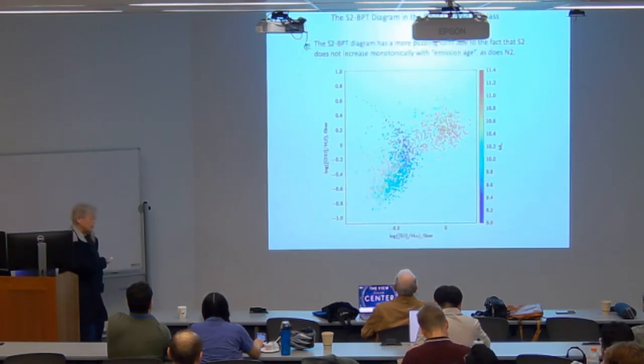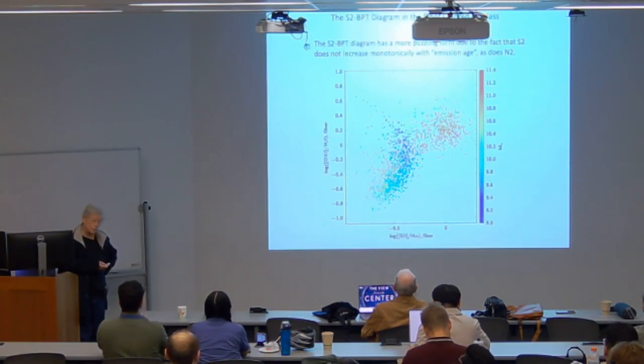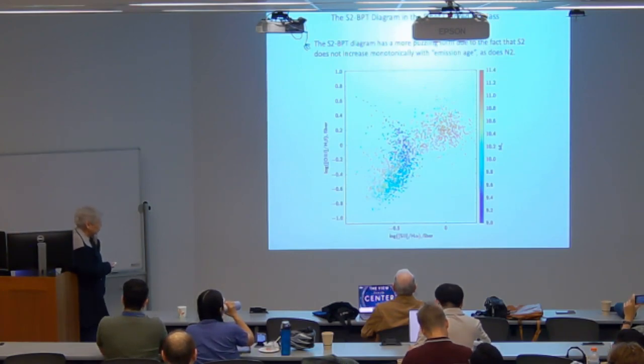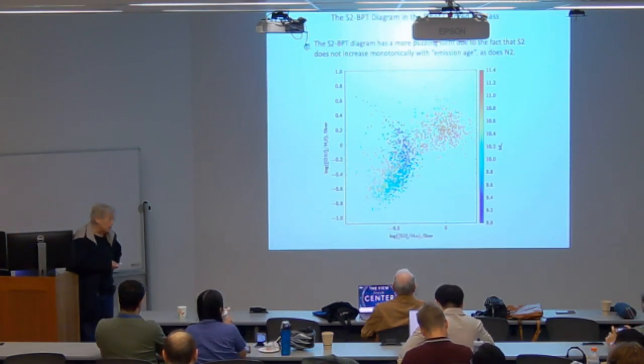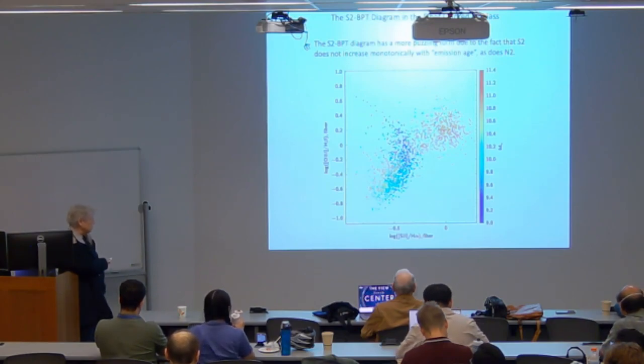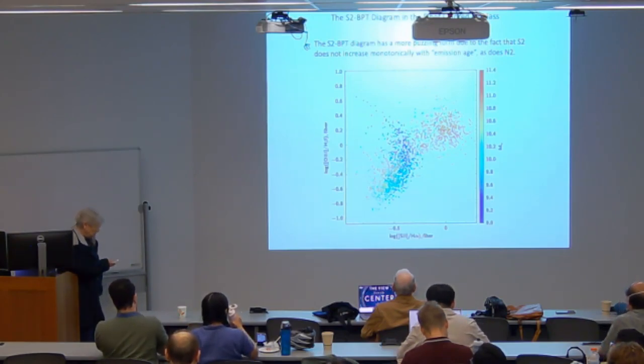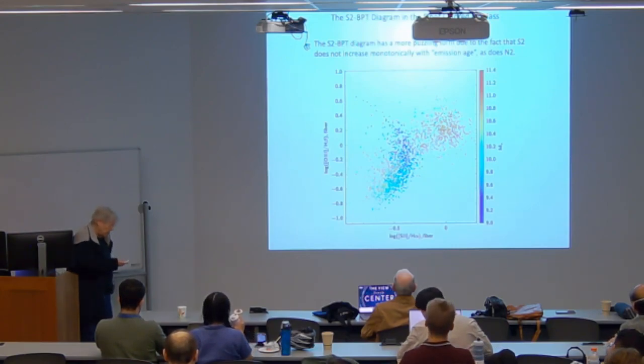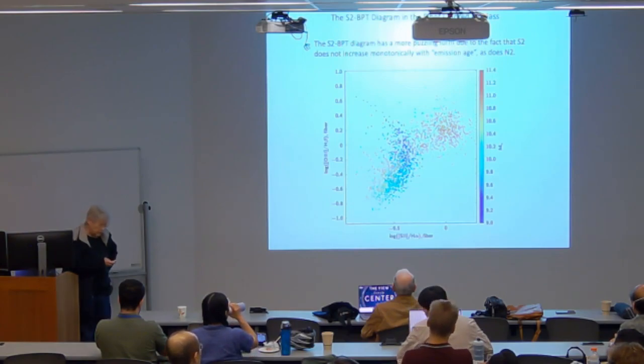All right, so these diagrams have all been using nitrogen to H alpha on the x-axis, and for completeness, I'll just show one picture using sulfur on the x-axis, and you can see it's more complicated. Various people have noted that there's a feature in the sulfur diagram down here that doesn't seem to appear in the nitrogen diagram.